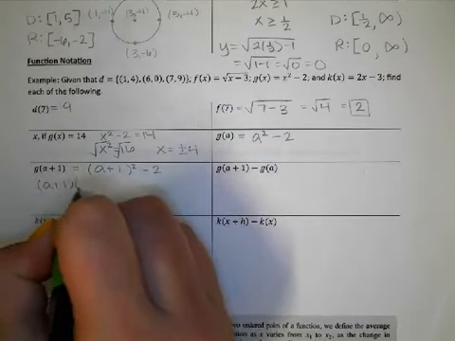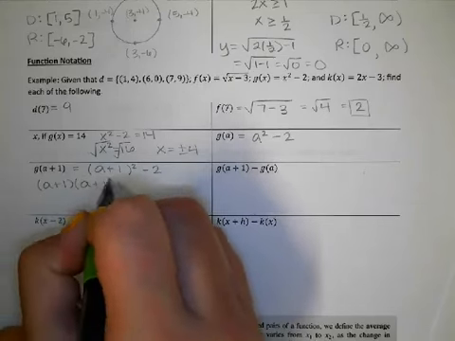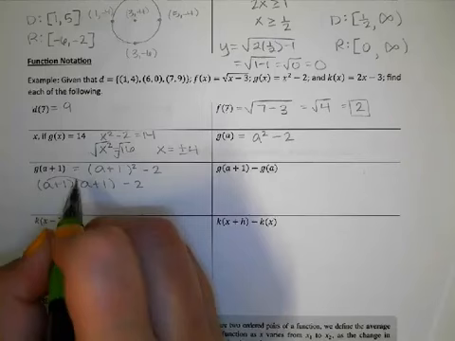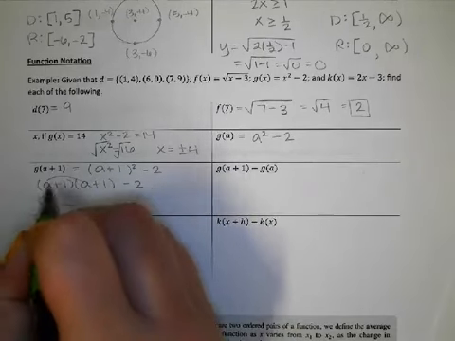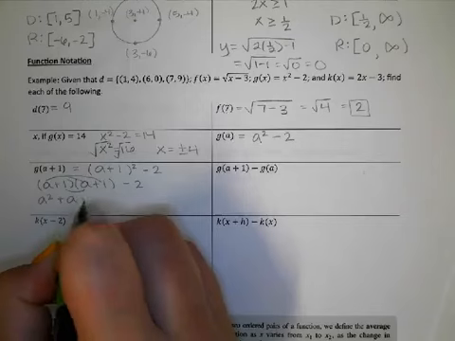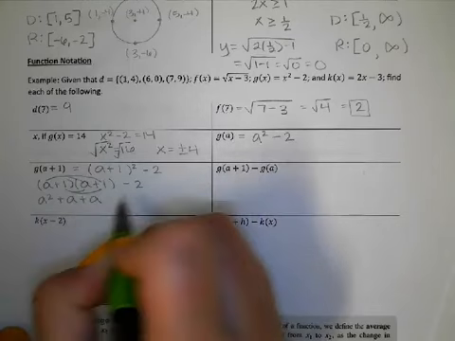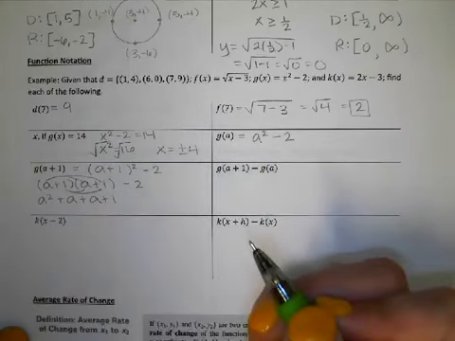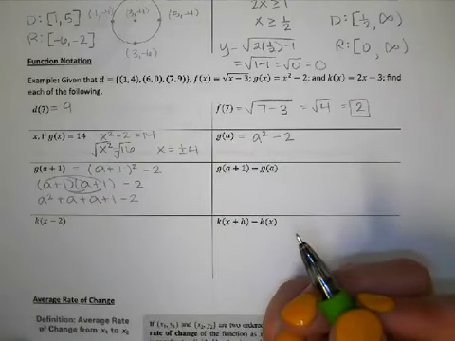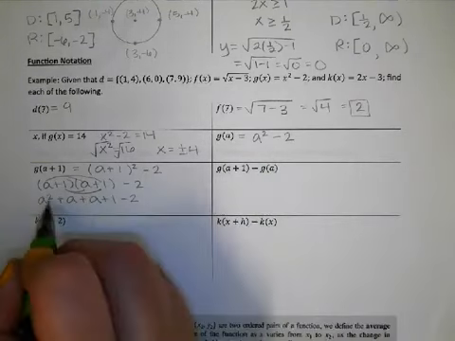And we have a squared plus a plus a plus 1, and then the minus 2 on the end. So this is a squared plus 2a plus 1 minus 2, which is a squared plus 2a minus 1.